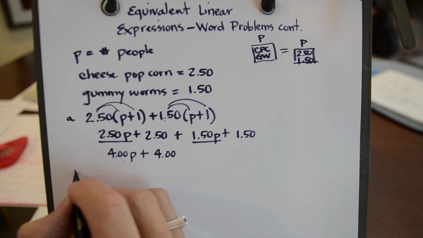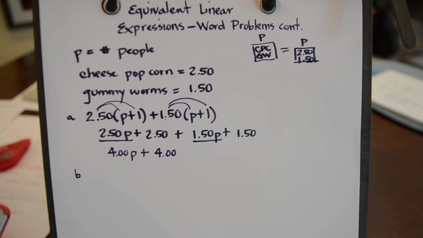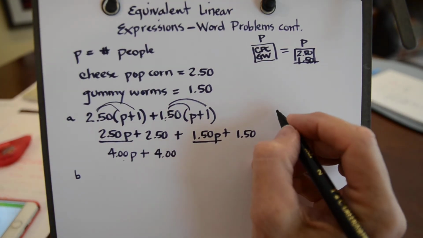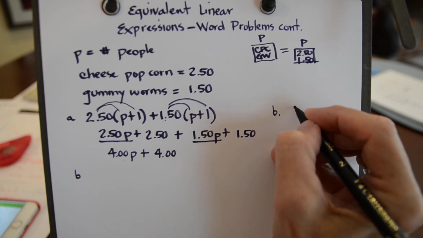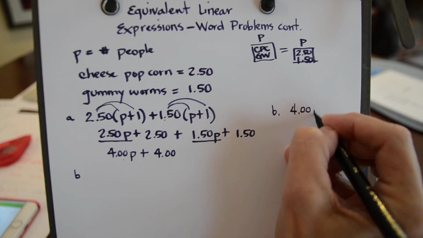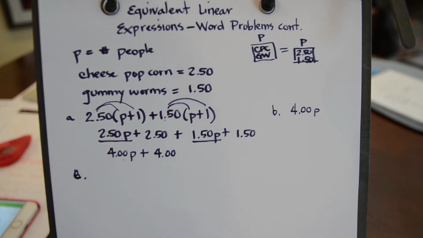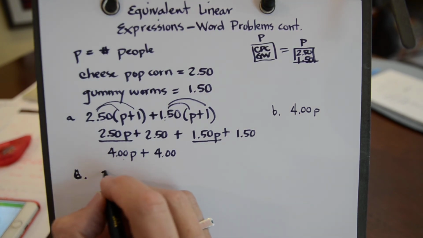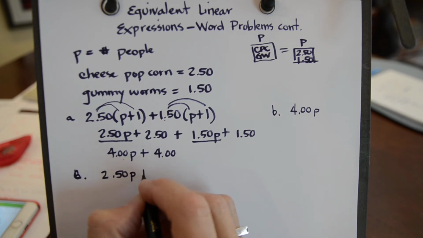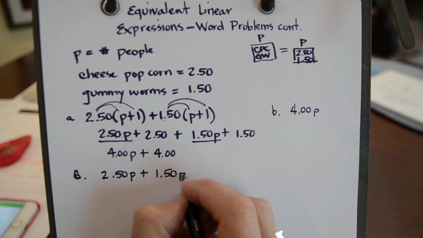Okay, then letter B. Letter B is just an answer choice of $4P. And I'm going to make this one letter C. Letter C is 2.50P plus 1.50P.